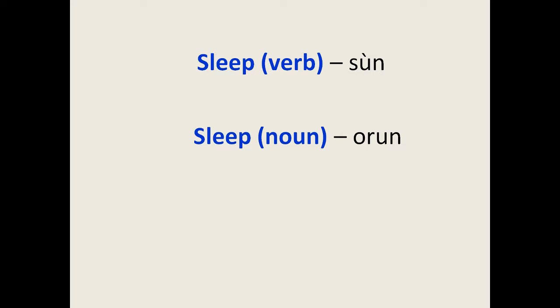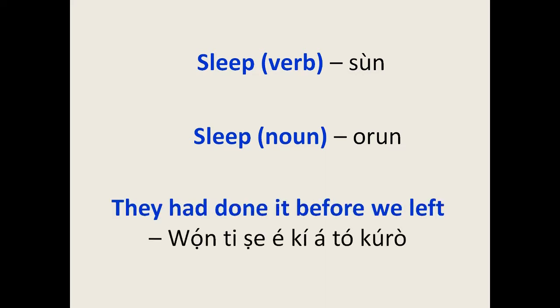You see more of that when you look at the details of the nouns that we have, and nouns and verbs, and some popular phrases as well. You will see examples of further things like this there. So back to what we are talking about. So have is ti. So another example, they had done it before we left.